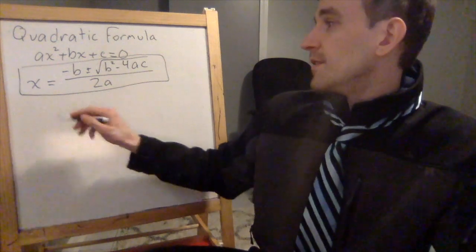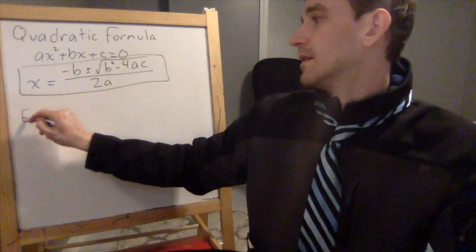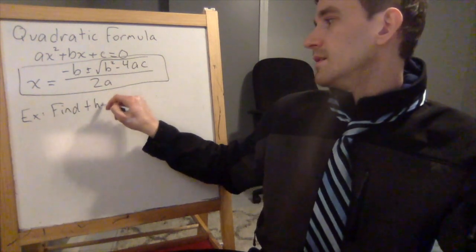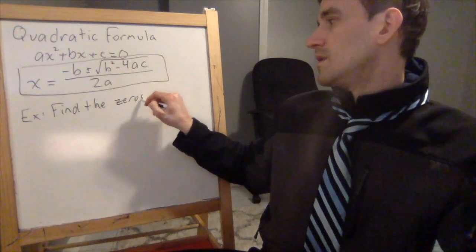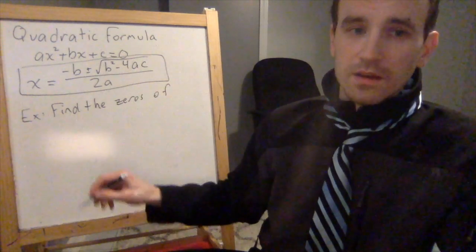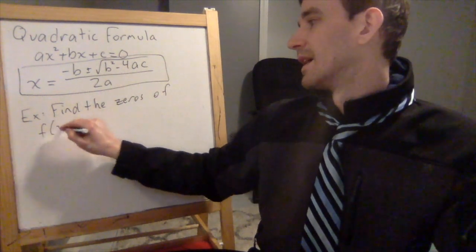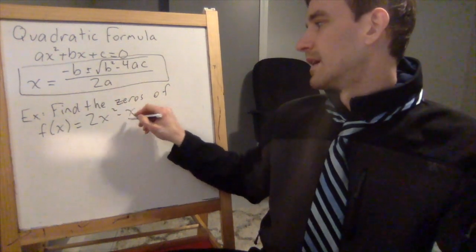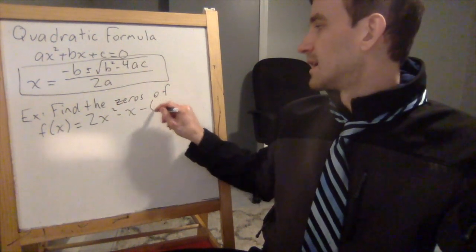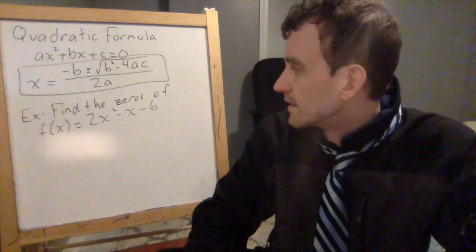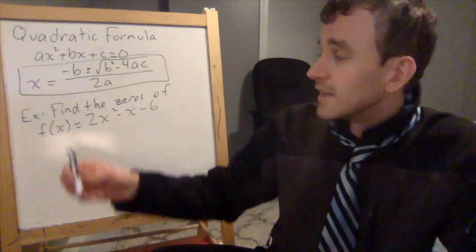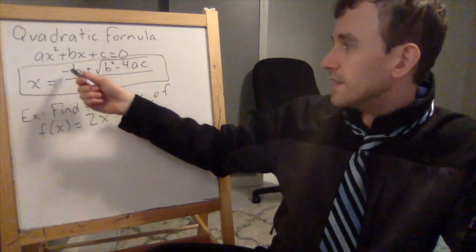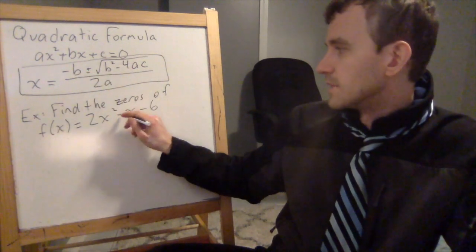So, for example, if I want to find the zeros of f of x equals 2x squared minus x minus 6, well, the zeros are the same thing as solving where this equals 0. So we look at the formula. Negative b, well, b in this case would be negative 1.